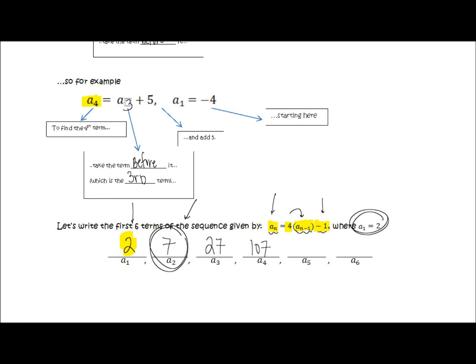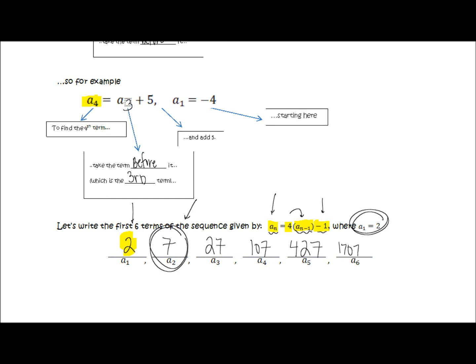Term a5, we just take 4 times 107 and subtract 1, which is 427. And then the sixth term, we take 4 times 427 and subtract 1, and we're left with 1,707.